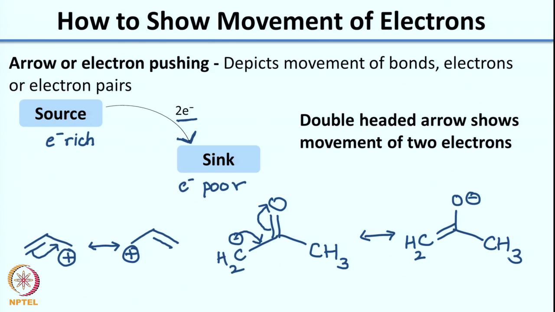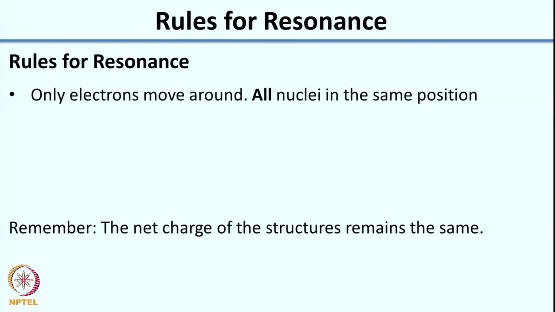resonance structures. Just remember that there are some rules that you need to remember. Only electrons move around when you look at the Lewis structures. The nuclei have to be in the same position. So, similar to the example that I had given you earlier, suppose I take this and then I write another structure.